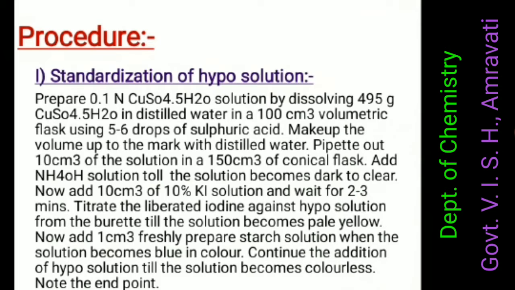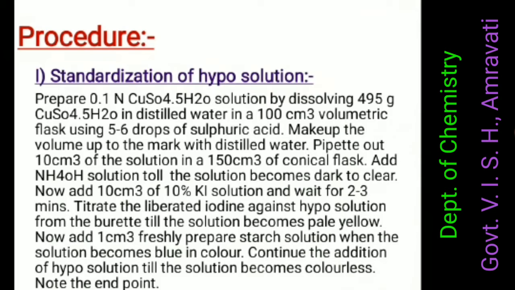Means you have to dissolve 2.495 gram of CuSO4 in distilled water, make up the volume till the mark of the volumetric flask, and add 5 to 6 drops of sulfuric acid. Make up the volume to the mark with distilled water.